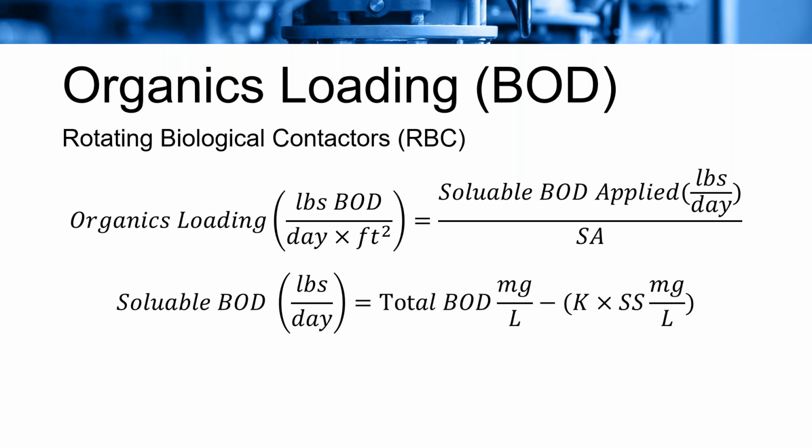So it's a way to guesstimate how much BOD is suspended as opposed to the total BOD, which gives us our soluble BOD. The K value is typically 0.5 to 0.7, and in this type of problem for a certification exam it would be given. So after you calculate your soluble BOD, you just divide that by your surface area, and that gives you your organic loading for a rotating biological contactor. And your surface area will be the surface area available on that RBC for contact.